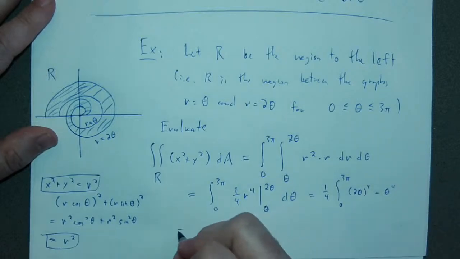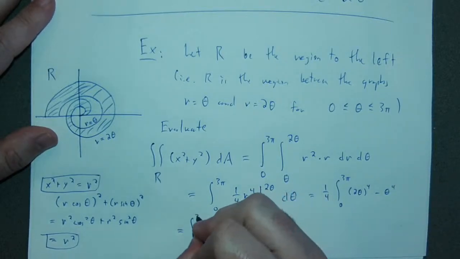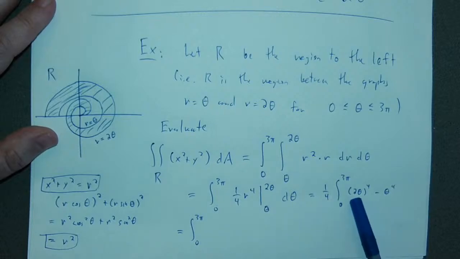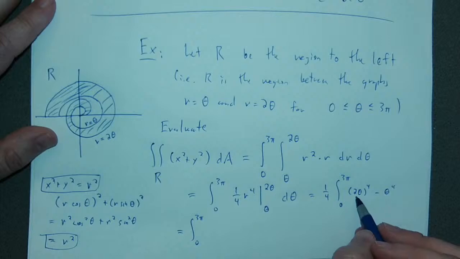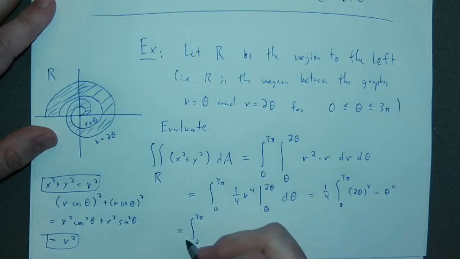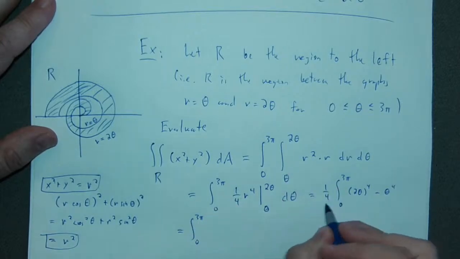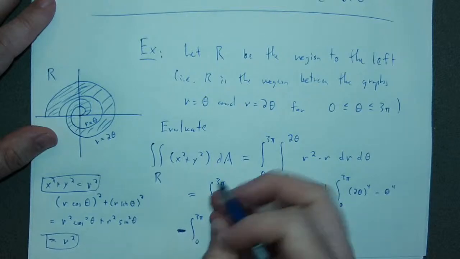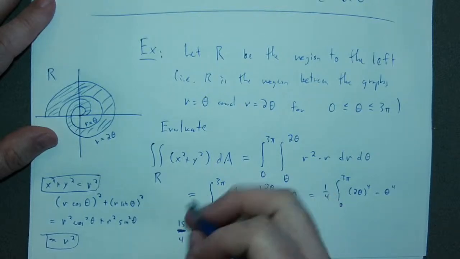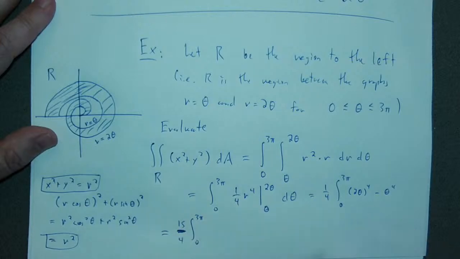So 2 theta to the 4th is 16 theta to the 4th, minus theta to the 4th. So this is 15 theta to the 4th. I moved this back inside for no reason. Let's not do that. Let's make this my fraction. So this is 15/4 theta to the 4th d theta.